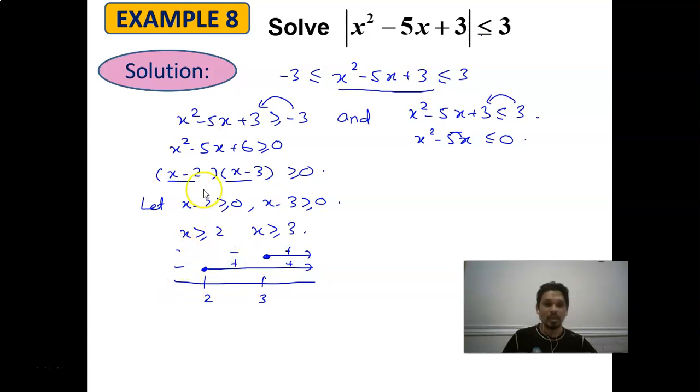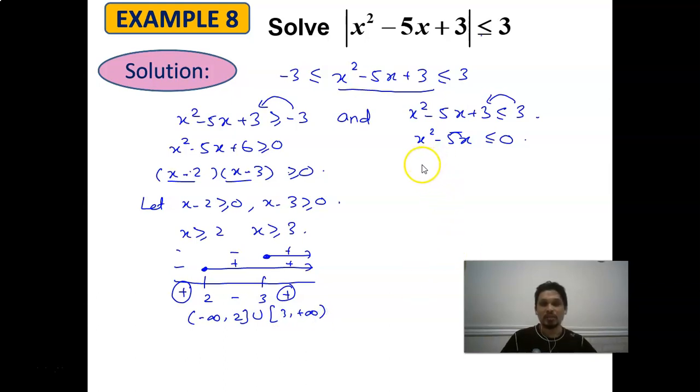Negative multiplied by negative is positive, negative by positive is negative. For the inequality (x - 2)(x - 3) greater than or equal to 0, we are talking about positive values, so the solution set is negative infinity to 2 union 3 to positive infinity.